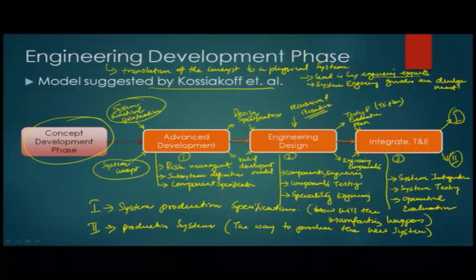So, you are recursively moving up and integrating the system, and then doing system testing and operational evaluation to ensure that the system is ready. This is where we talked earlier about limited rate initial production, LRIP, and those kinds of things happening as part of this step.